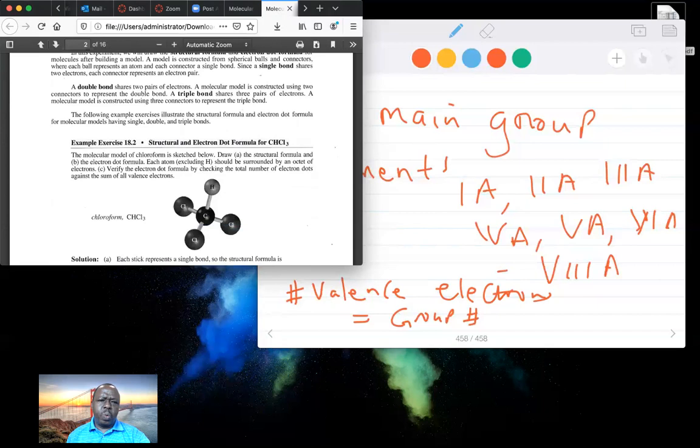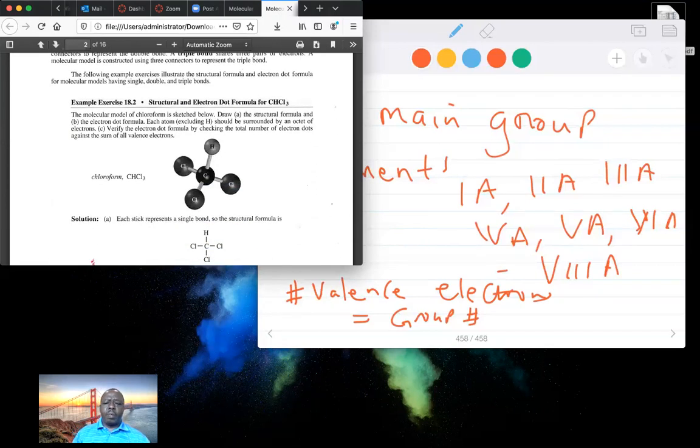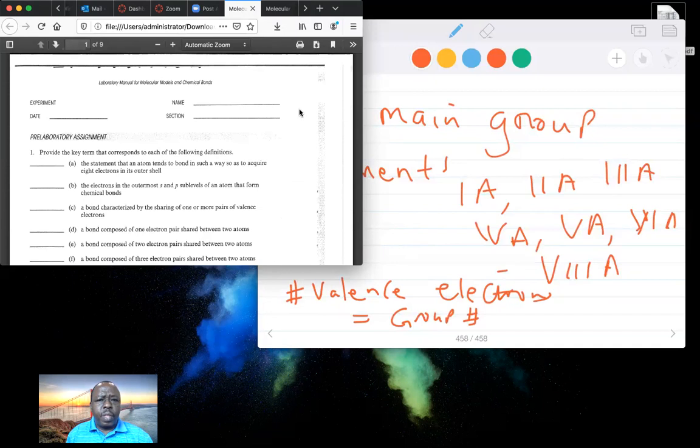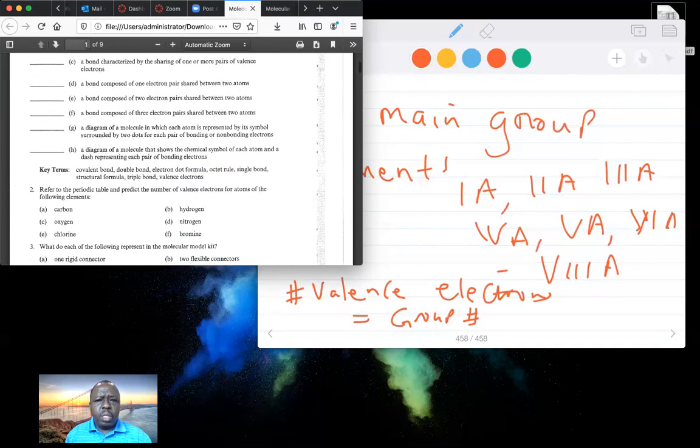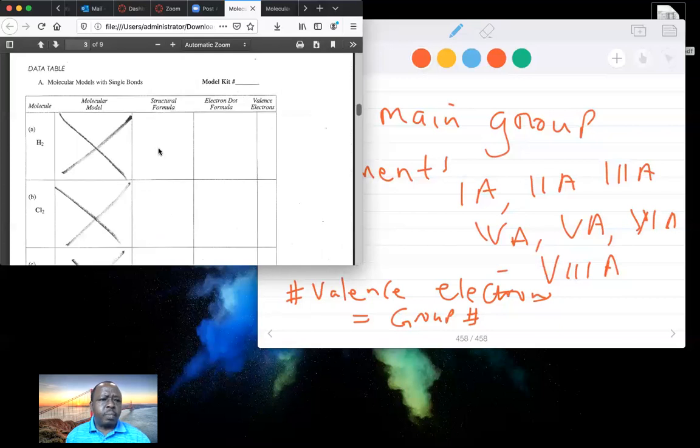I'm going to show you when to end up with a double bond or triple bond, but just to give you an idea of how to determine the valence electrons, because that is one of the exercises you need to complete on the data sheet right here. In the data table, if you have group 1, how many valence electrons?